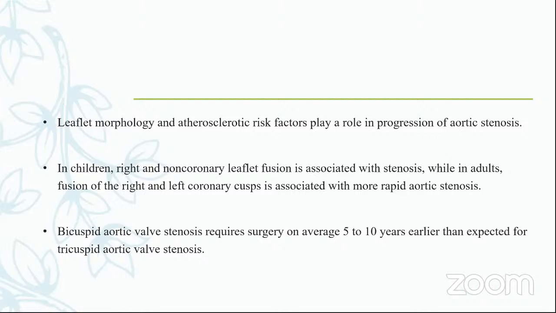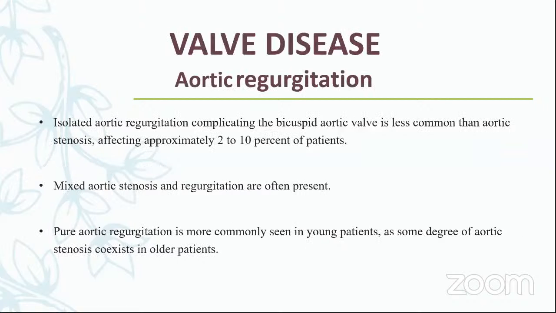In children, it has been found that right and non-coronary leaflet fusion is associated with stenosis. However, in adults, the fusion of the right and left coronary cusps is associated with more rapid aortic stenosis. The stenosis of the bicuspid aortic valve will require surgery on average 5 to 10 years earlier than is seen with tricuspid aortic valve stenosis.